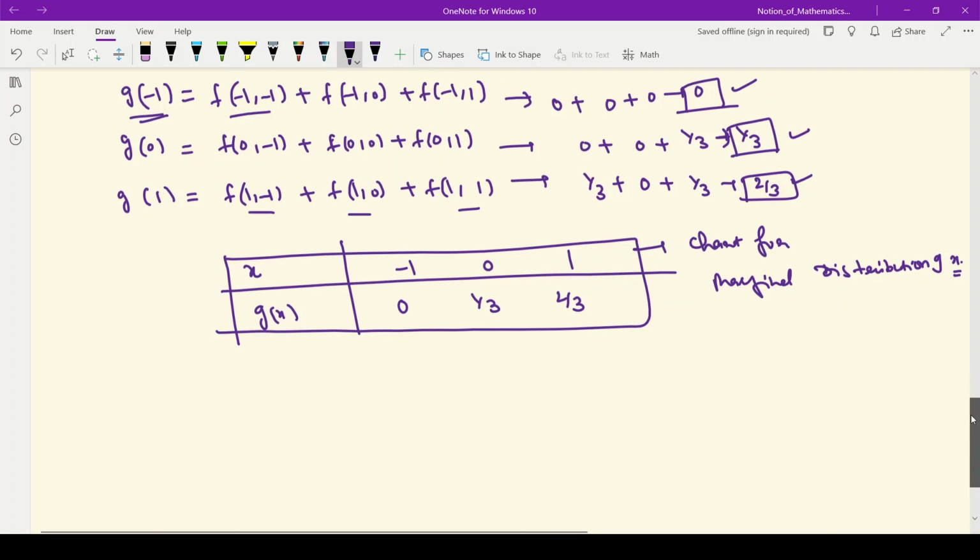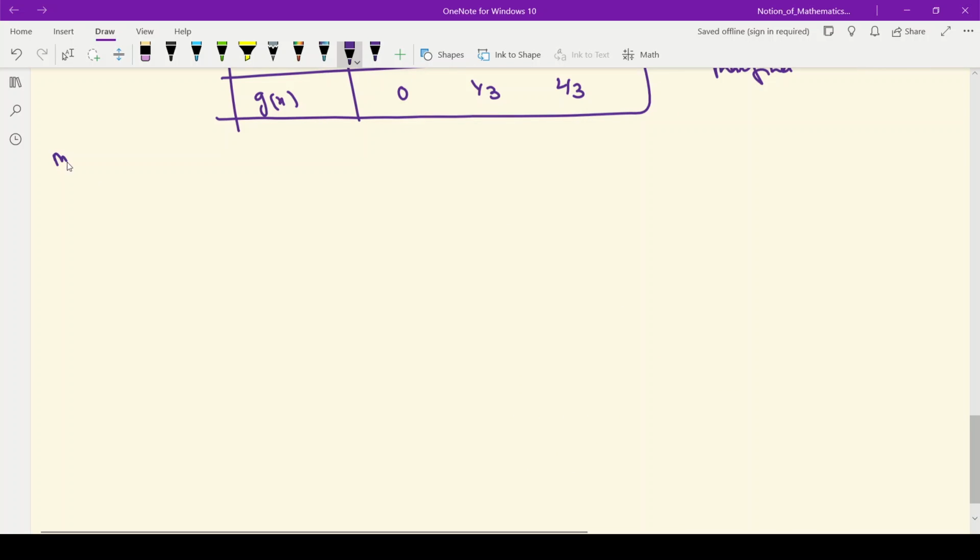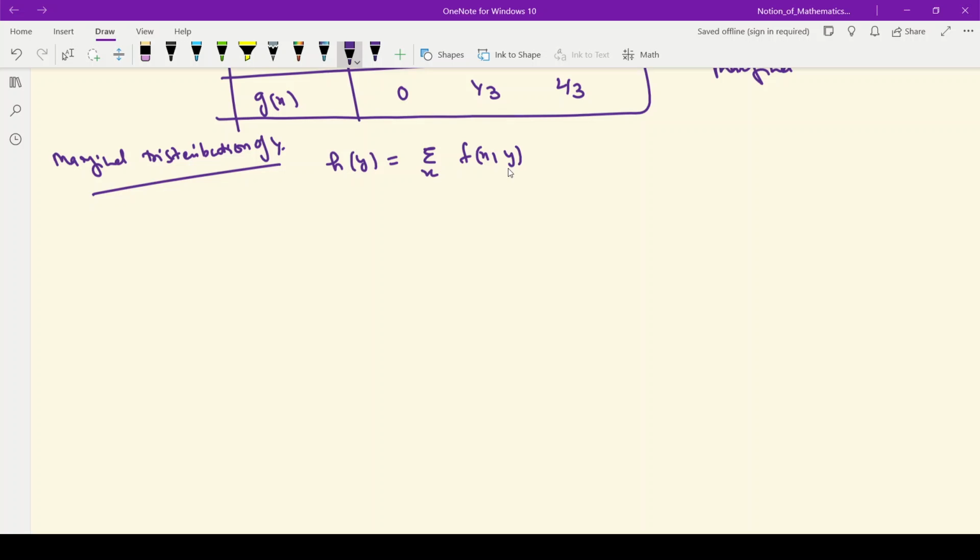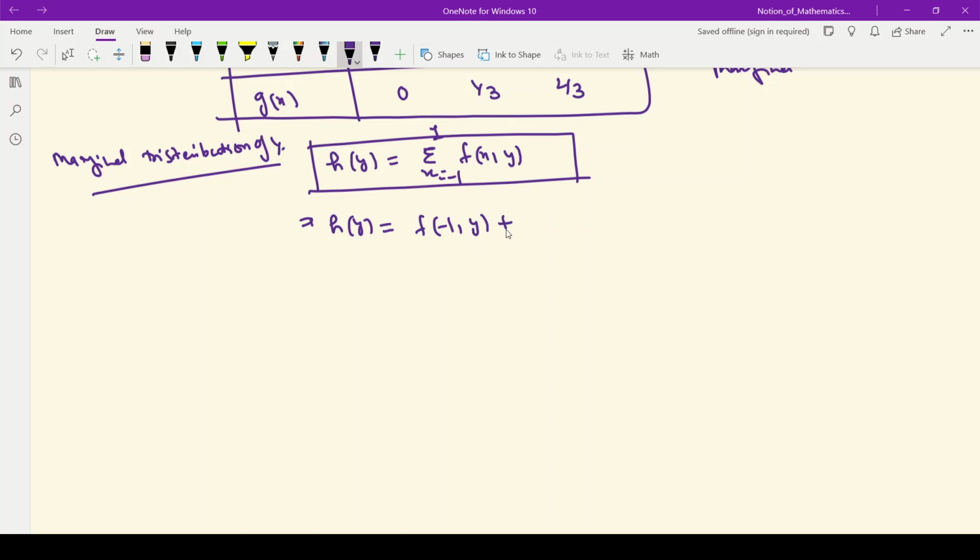Now the next is the marginal distribution of y, that is h of y is summation over x of f(x,y) as per the formula, and x is also going from minus 1 to 1, in between 0 is there. So that is h of y is f(-1,y) plus f(0,y) plus f(1,y).